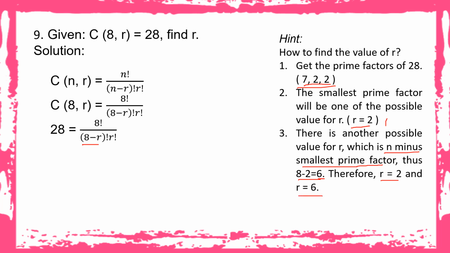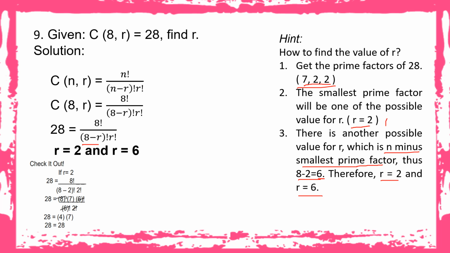And if we are going to check if our answer is correct, just simply get the value of r. Again, this is 2. And then use this formula. Then substitute the value of r. So you can see here that 28 is equal to 28.